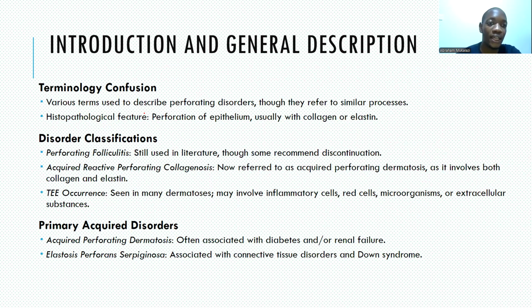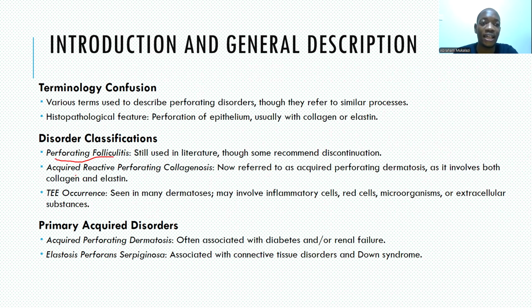So when you are classifying these disorders, you find that you have other things like perforating folliculitis, and this is still in use in literature. However, the current literature suggests that this term actually should be abandoned because they think that it doesn't make a lot of sense.